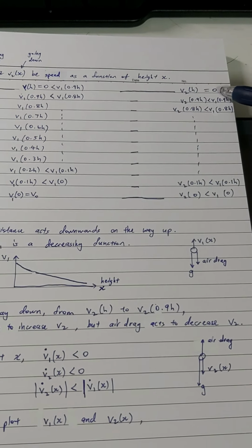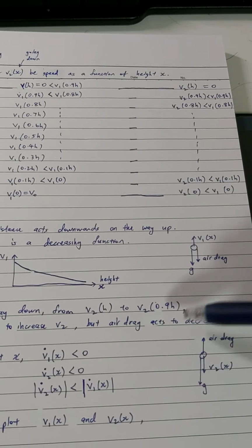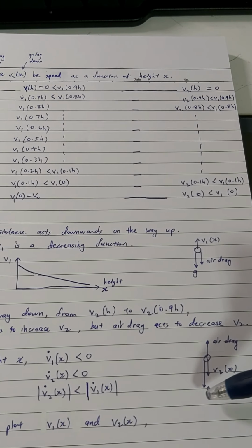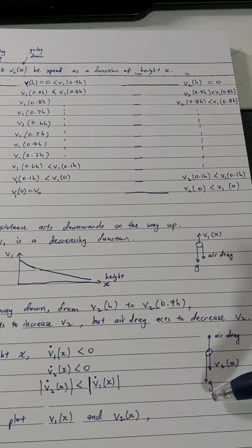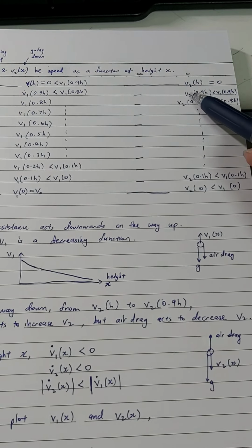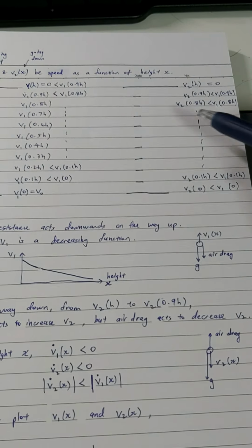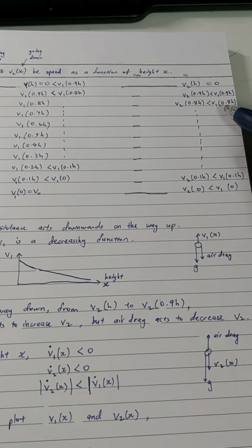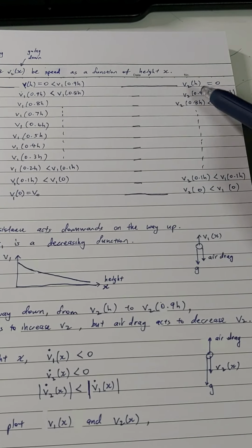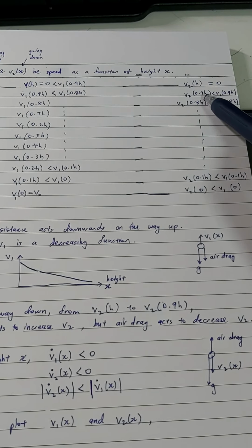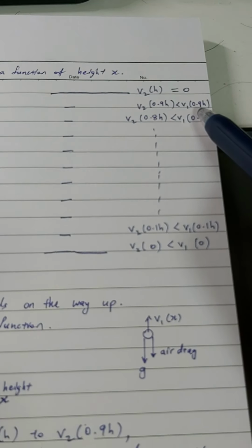And then from here, because you don't have gravity and air drag working together anymore, in the scenario that you had gravity and air drag both acting downwards, then sure, v2 at 0.9h would also be 1 meter per second, because it's symmetric, to go up and then to come down. But because in this case gravity and air drag do not work together, we can assert that v2 at 0.9h is definitely less than v1 at 0.9h.